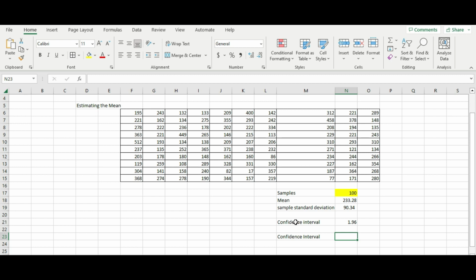Some might wonder, since in the given example we used the population standard deviation, whether it is acceptable to use the sample standard deviation.